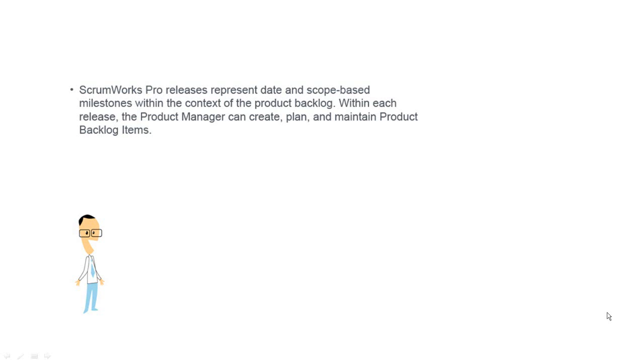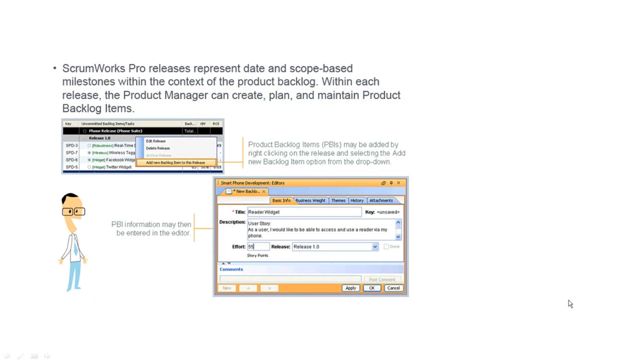ScrumWorks Pro releases represent sub-projects or date and scope-based milestones in the context of the product backlog. Within each release, the product manager can create, plan, and maintain the product backlog, or the master list of all functionality desired in the product.